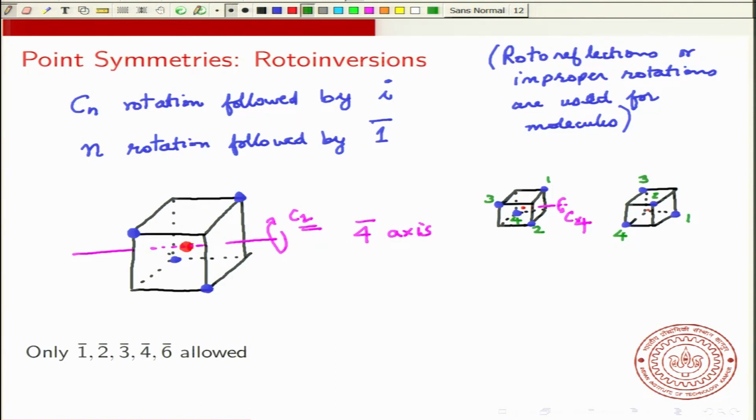That is what will happen if you perform a C4. So a C4 will take it to this.